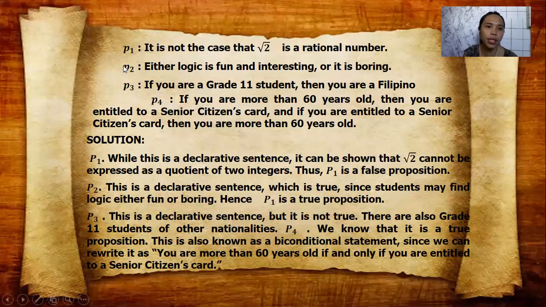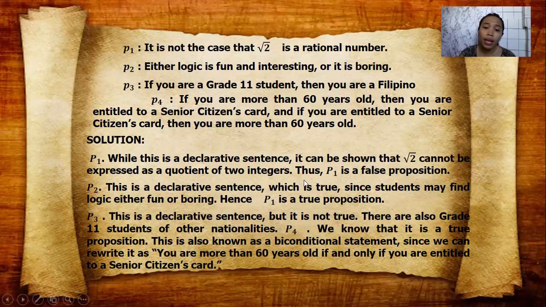Okay, let's proceed to P sub 2. P sub 2 is the proposition: either logic is fun and interesting or it is boring. Your P sub 2 is also declaring something, that logic is fun and interesting, or it is boring. So it is a proposition since it's a declarative sentence.